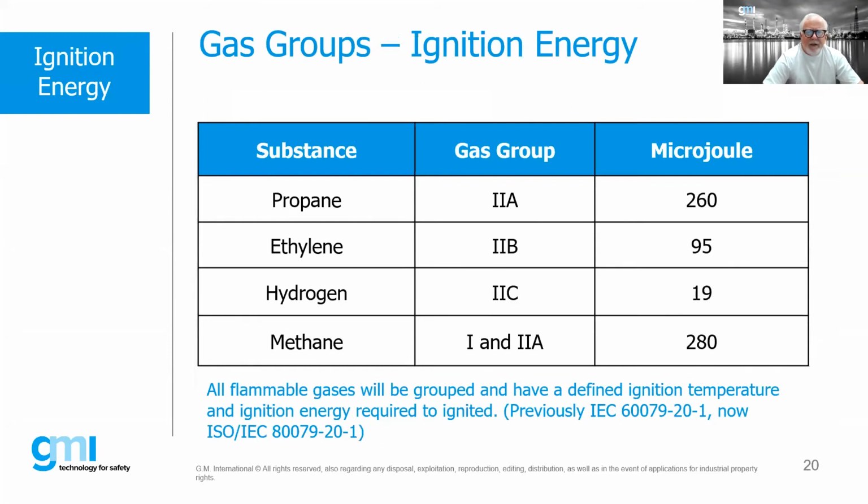So the amount of ignition energy, since we talked about sources of ignition, how much energy does it actually take to ignite a lot of these common gases? Well, in this case, as you see on the right-hand side, we measure this in microjoules, right? So propane, it takes about 260 microjoules of energy to ignite. Notice that hydrogen only takes about 19 microjoules.